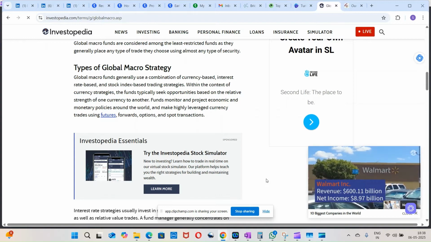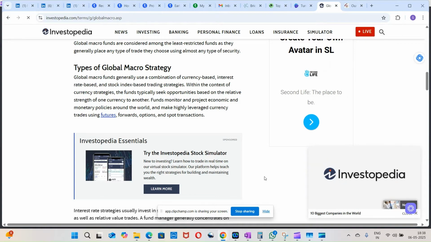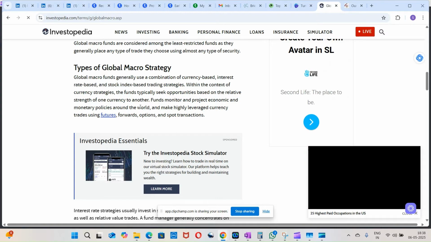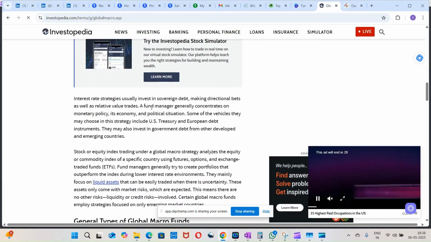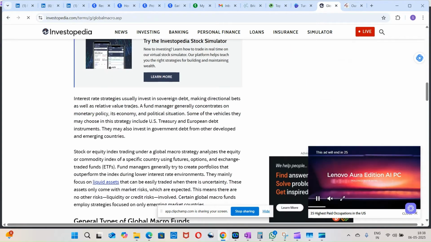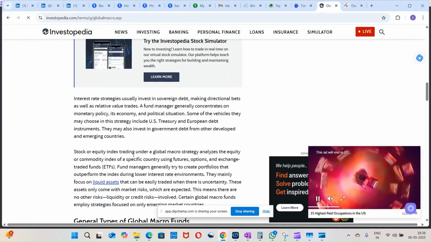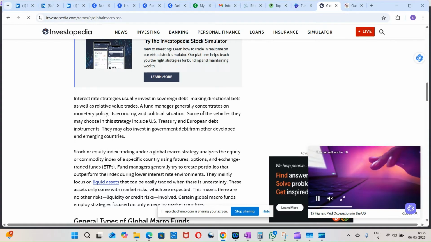It is like taking positions based on geopolitical events or countrywide macroeconomic scenarios. Different examples are given here. Stock or equity index trading under global macro strategy analyzes the equity or commodity index of a specific country.